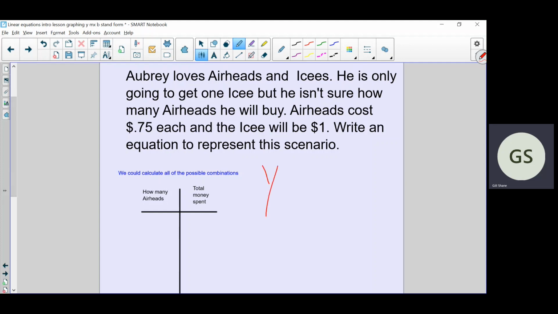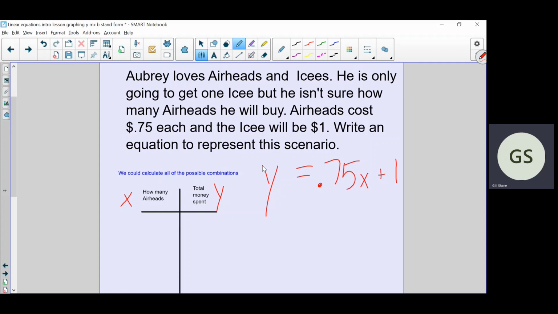So we could say the equation is the total cost, which is y, equals 0.75, which is the cost of one airhead, times x, which is the number of airheads. So again, y would be total cost, x is how many airheads. And then we know we're going to buy an icy, so we would just add this plus 1 on the end. That's the cost of one icy.